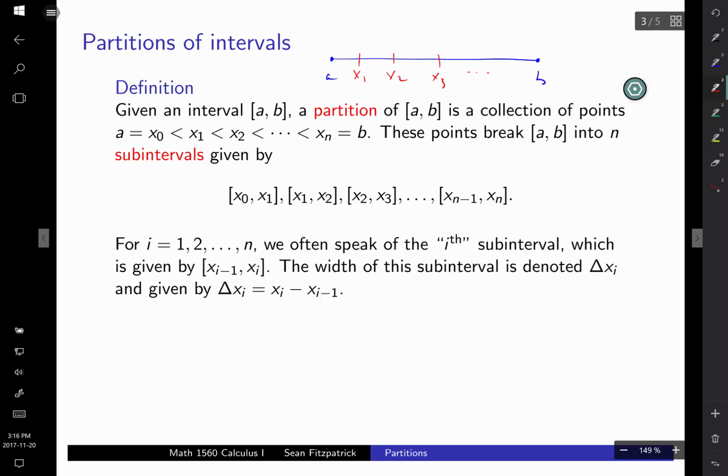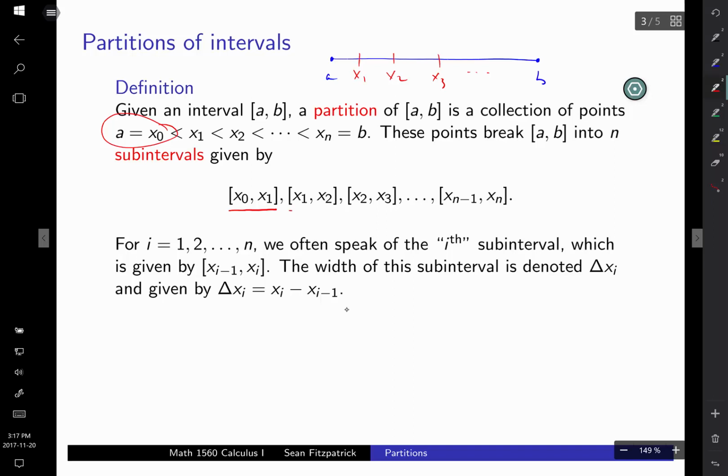Obviously the number of points is going to affect the spacing, right? If we only choose a few points, we're going to be fairly widely spaced. The subintervals will be reasonably large. If we try to put a lot of points in there, the length of each one of these intervals is going to need to be smaller. So we break things up into intervals. If we set a equal to x naught, our first interval is here from x naught to x1.